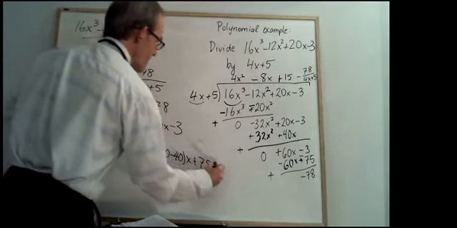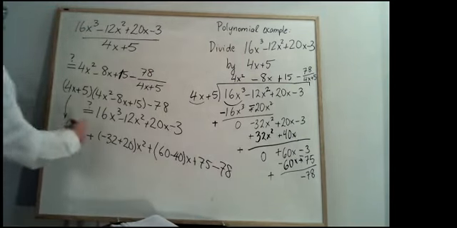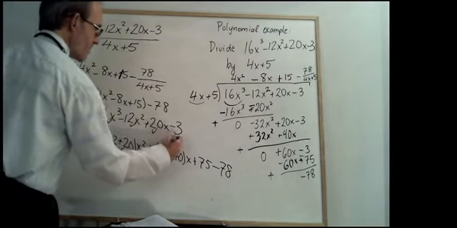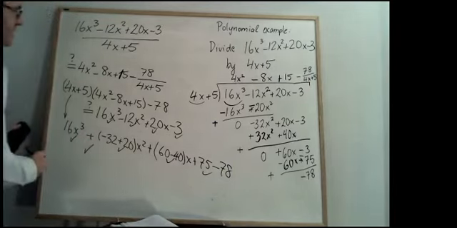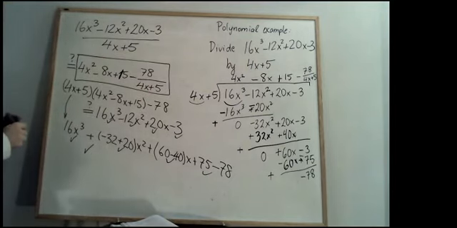And then I subtract minus 78, the final term. And so I see that these are all the same terms. Okay. So that constitutes a useful check for this. So I'm sure this is the correct answer.